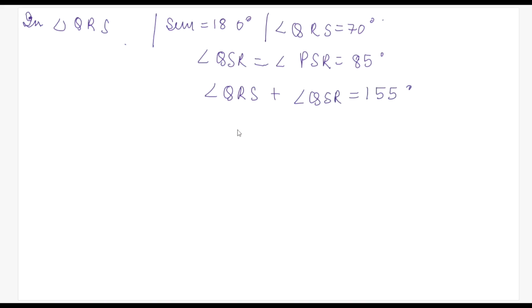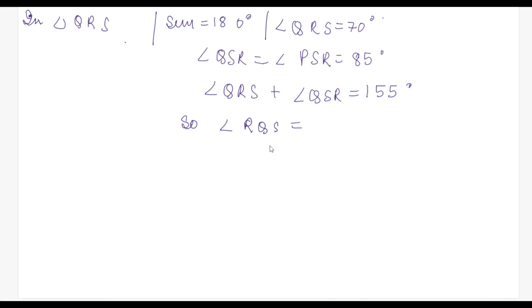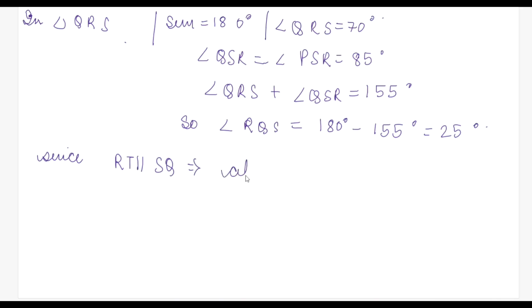So angle RQS is equal to 180 degree minus 155 degree. Okay, so I have 25 degree. Now since RT is parallel to SQ, alternate angles. So it will be 85 degree. So option C will be the right option.